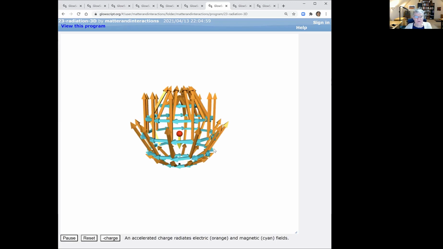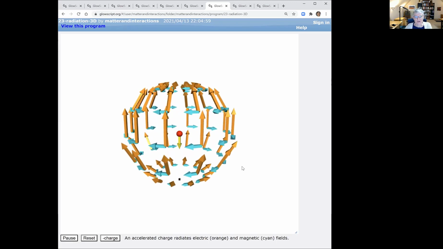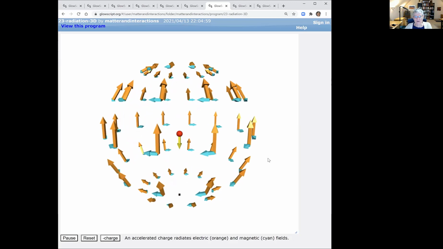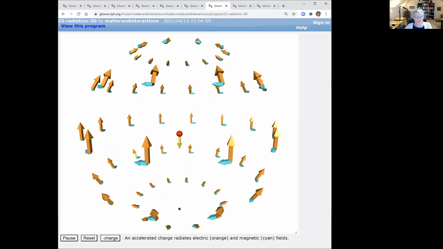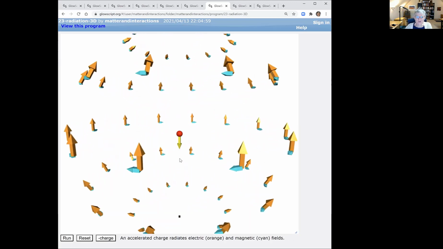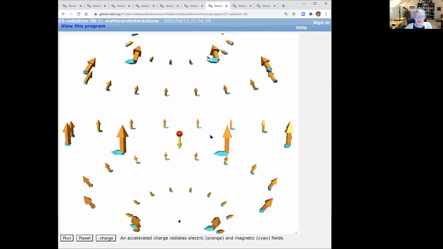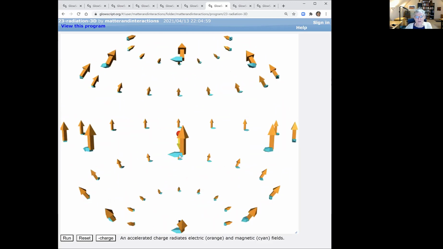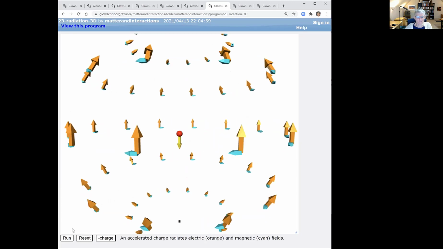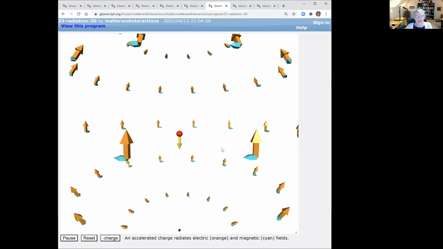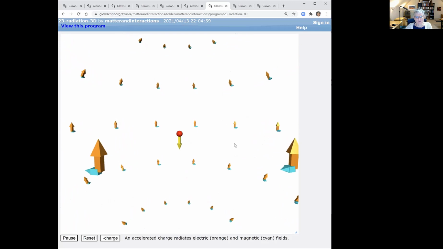And so what happens is we get this pulse of radiation, and with electric fields perpendicular to the direction the radiation is moving in, spreading out. And so we get these electric and magnetic fields spreading out all over.